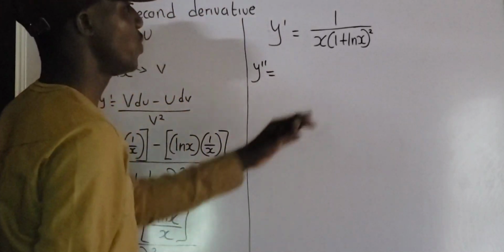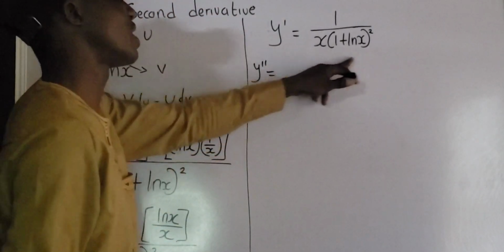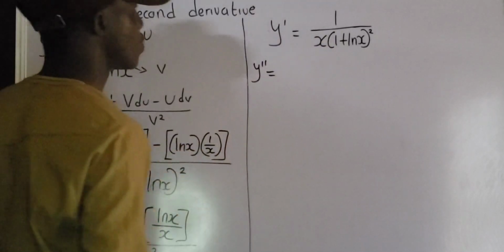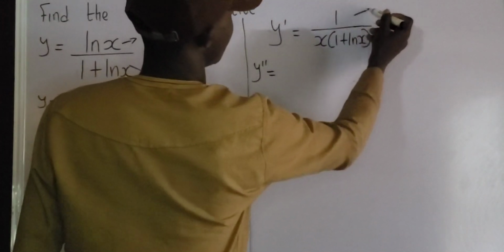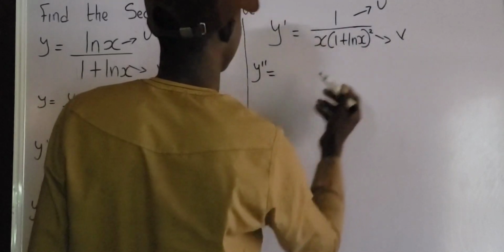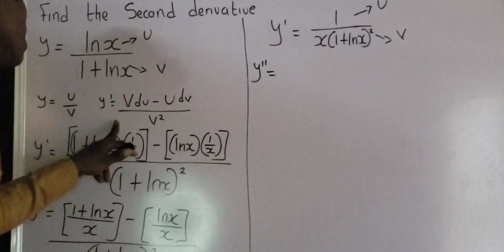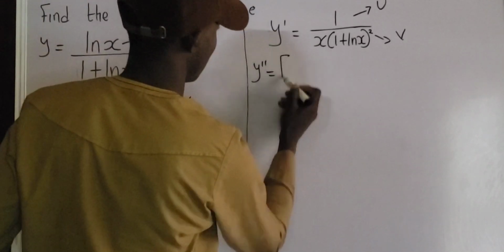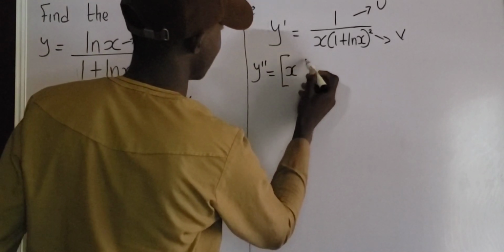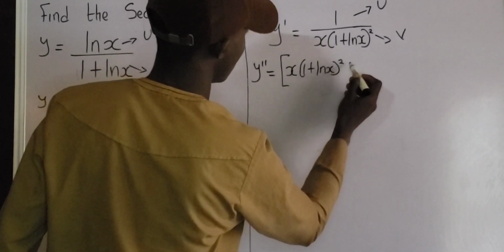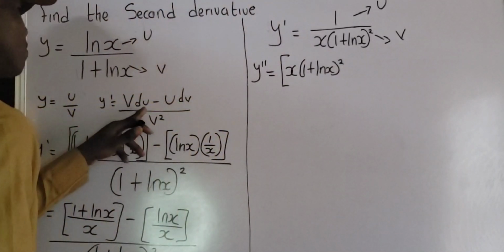If I may ask you, which rule are you going to employ to differentiate this function? Yeah, you are going to make use of the quotient rule. And according to the quotient rule, the numerator is u and the denominator is v. So let's proceed. From the quotient rule, I'm going to multiply v. V is, open a good bracket, x into bracket 1 plus ln x raised to the power of 2, multiplied by the derivative of u.